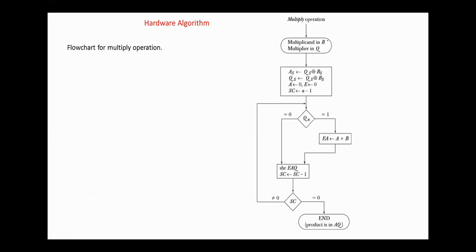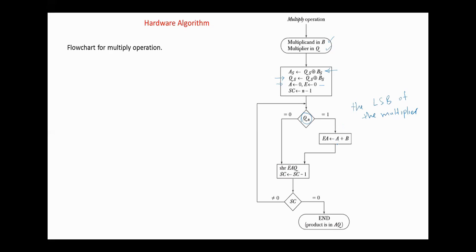Initially, the multiplicand is in the B register and the multiplier in Q. The sign bits are XORed to obtain the sign of the product. Both the E flip-flop and the A register are cleared to 0, and the sequence counter is set to n-1. On each iteration, we inspect the next bit in Qn, which holds the least significant bit of the multiplier.